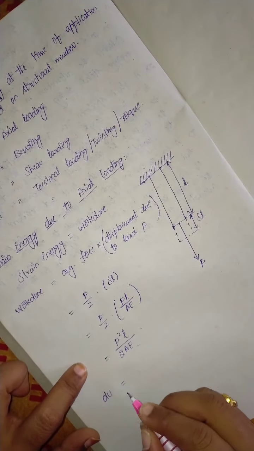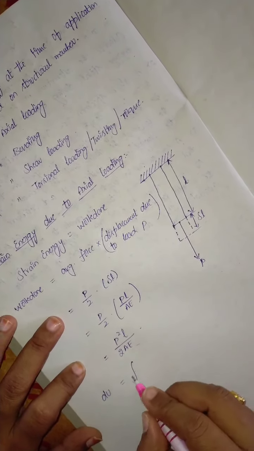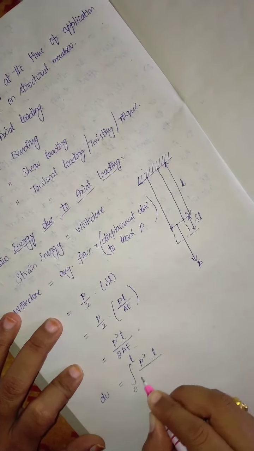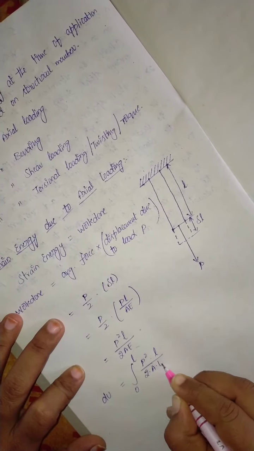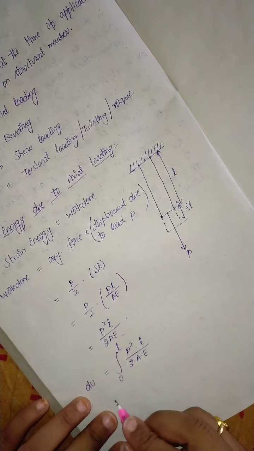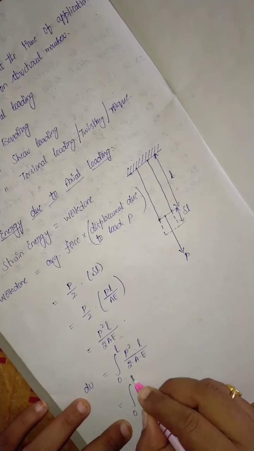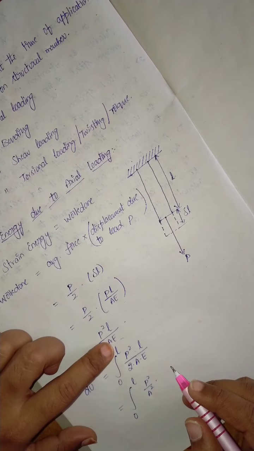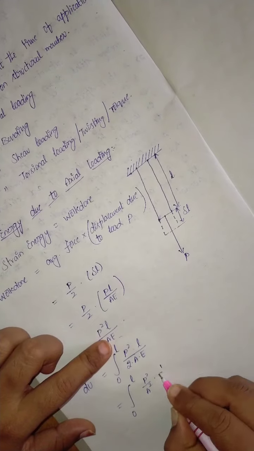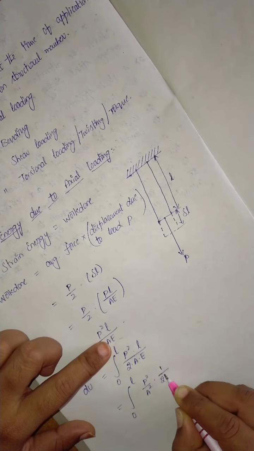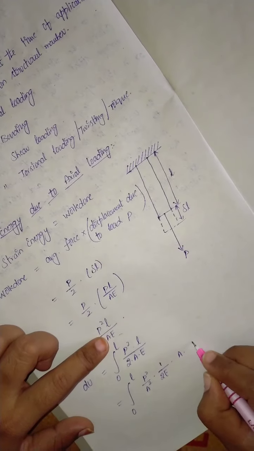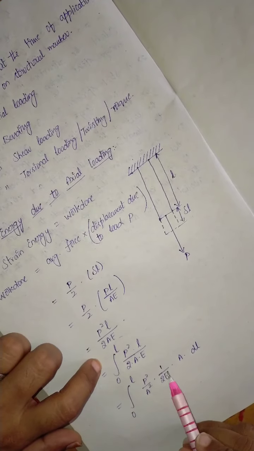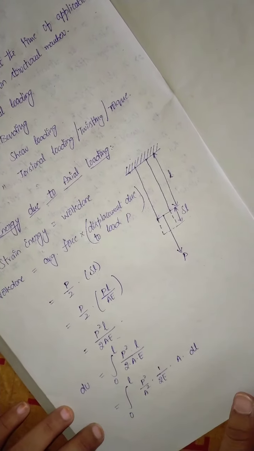If you want to know the complete strain energy, then you go for integration over the limits of 0 to L for P square into L by 2AE, where I will modify this formula as P square by A square into 1 by 2E into A into dl. Okay, see, we have to consider some differential form, so I will add that elemental to this length, so it will become dl.